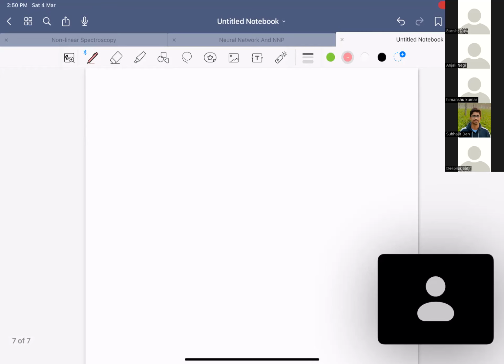Okay, so with this, now let's define this density matrix. So what is a density matrix? It literally depends on how we see it.